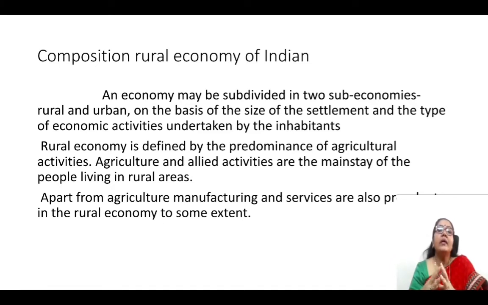The rural economy is defined by the predominance of agriculture or any activities related to agriculture and allied activities. So the mainstay of the people living in rural areas is dependence on agriculture or allied activities. Apart from agriculture, manufacturing and service sectors are also prevalent in the rural economy, but only to a small extent.